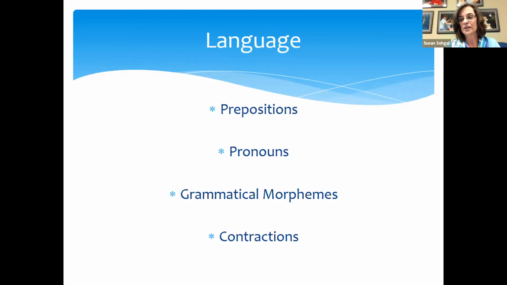We don't stress them as often, and they're probably considered the most fragile subskill of language development in deaf and hard of hearing children, just because we do not produce them very clearly when we're talking in conversation. So the importance of working on grammatical morphemes and contractions and developing IEP goals for children in those areas.